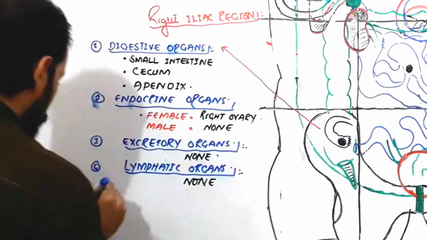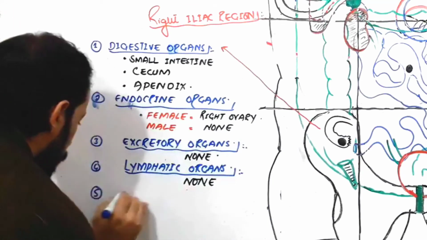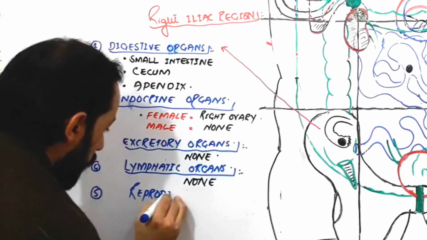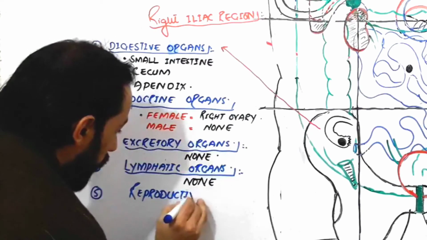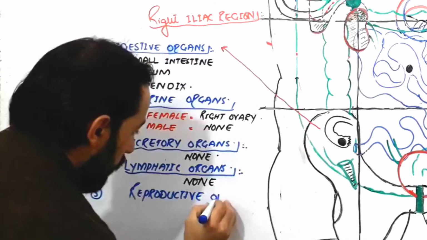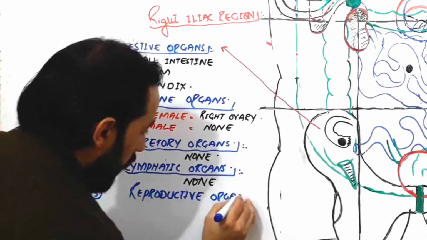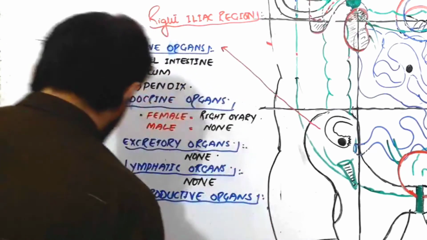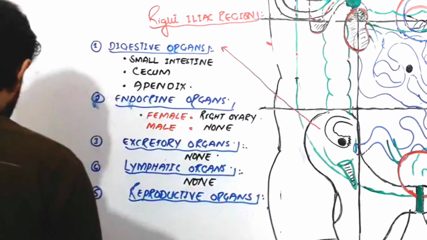Then we go towards the fifth group of organs, called the reproductive organs. Are there reproductive organs in the right iliac region? Yes, we have reproductive organs, but the reproductive organs of the female are present here, not in case of male, right?